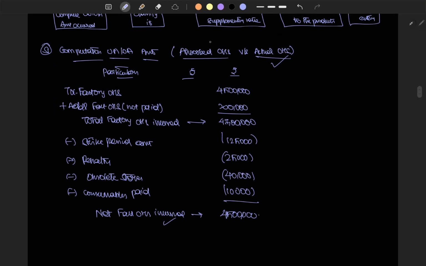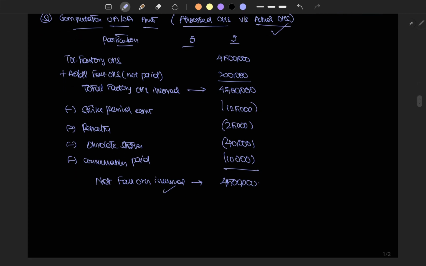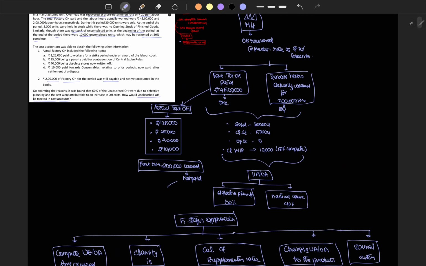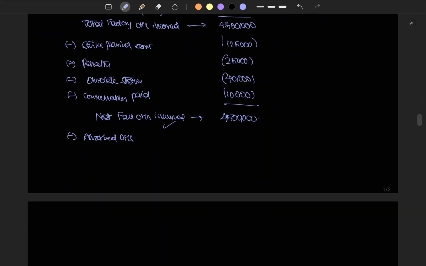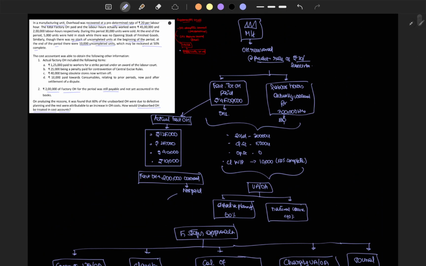Now we have to find out the absorbed overheads. So what they have said about absorbed overheads in this question, they have actually given the predetermined rate. See, predetermined rate. So absorbed overheads is what? Base quantity into predetermined rate, right? So base quantity in this question is how much?